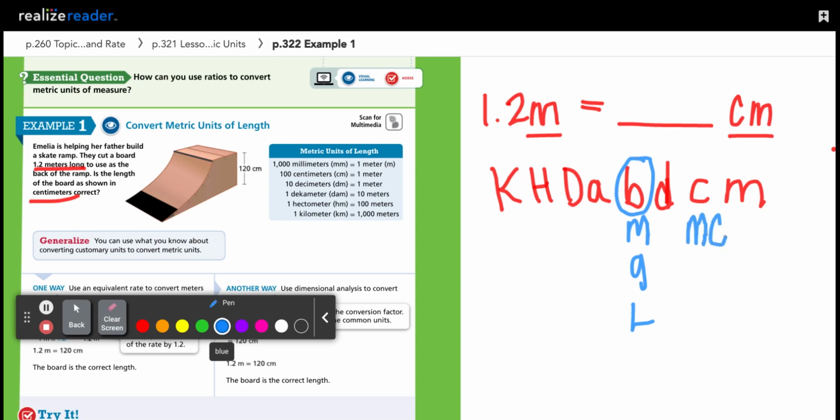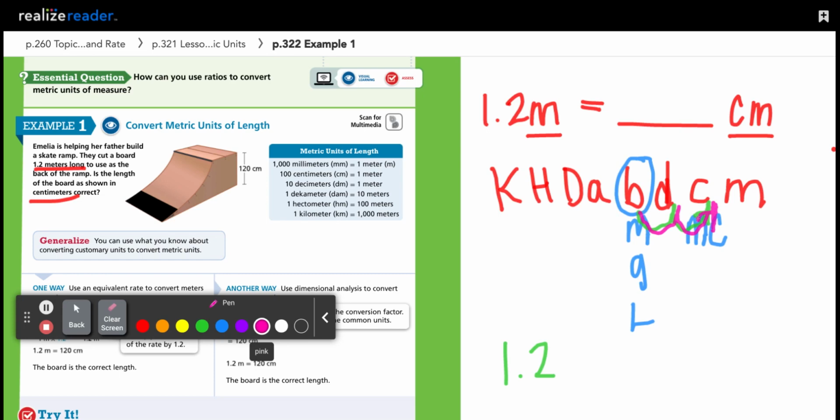So how many times are we going to be moving this decimal point? If we're going from our base to the D and then to the C, we will be moving our decimal point twice. So I'm going to rewrite 1.2. I have to move this decimal point twice to the right. That's why when I just showed this on my little table, moving once, twice to the right, I have an arrow there.